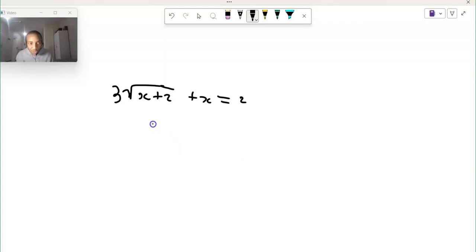Then we'll be left with 3 root x plus 2 is equal to 2 minus x. So how are we going to solve for x based on this one?